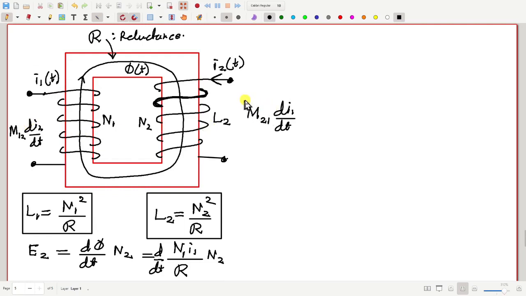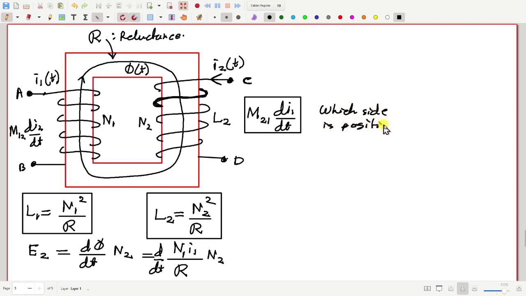When I write the voltage like this between the two terminals, say, let me call it A, B, and C, D, this is incomplete because I am saying the voltage between C and D is M21 di1 by dt, but I still don't know which side is positive, which side is negative. Is C positive or is D positive? How do we know that? Which side is at higher potential?